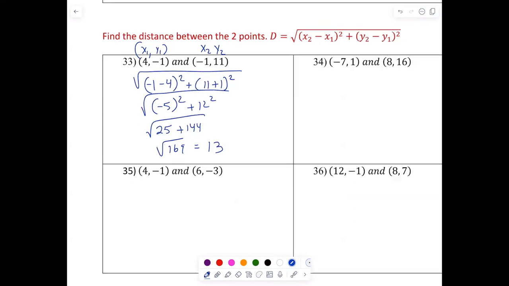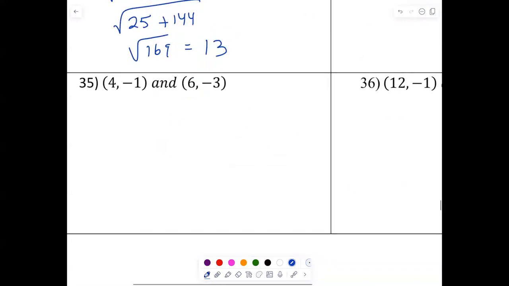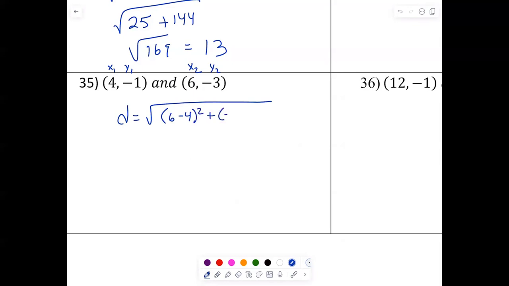All right, let's knock out 35. Distance equals square root. And again, I like to mark x1, y1, x2, y2. 6 minus 4 squared plus negative 3 plus 1 squared.